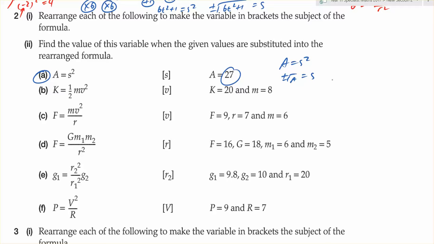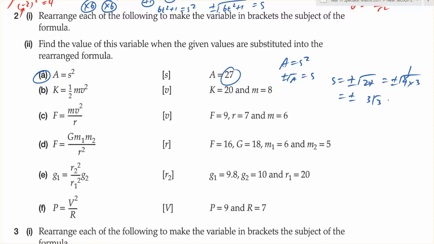So s equals plus or minus the root of 27. Root 27 can be simplified, because that's 9 times 3, and again 9 is a square number. The square root of 9 is 3, so we get plus or minus 3 root 3.